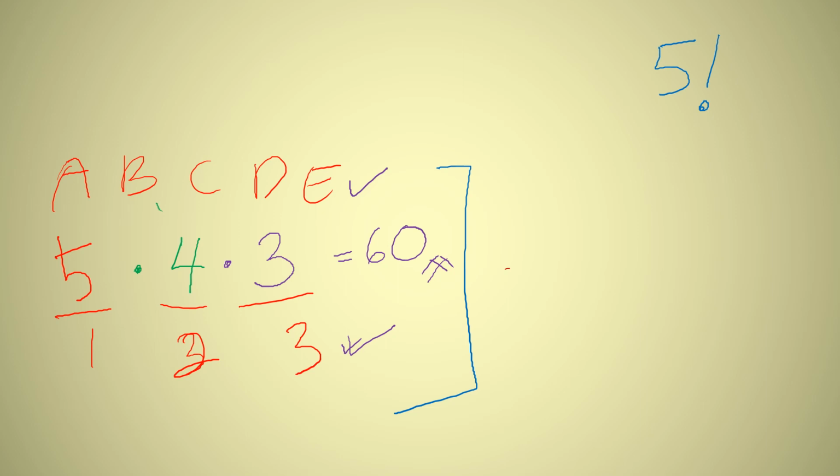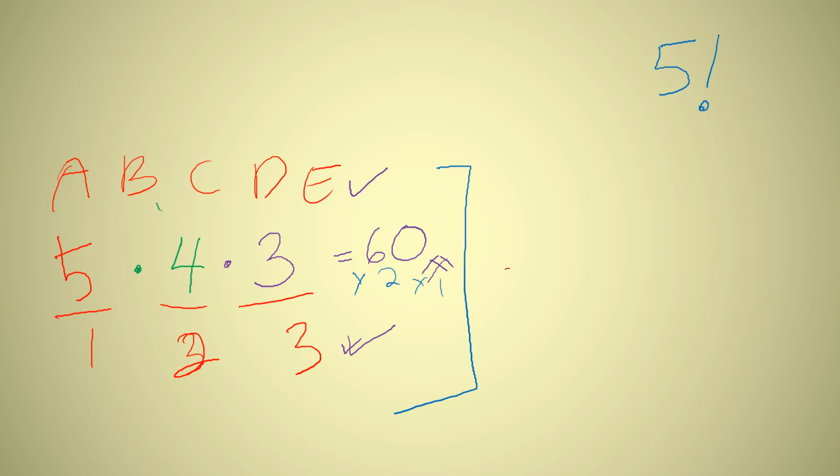Well, it looks like we did factorial, but then we stopped. We did 5 times 4 times 3, and then we stopped. We didn't go times 2 times 1 just like we did just now.